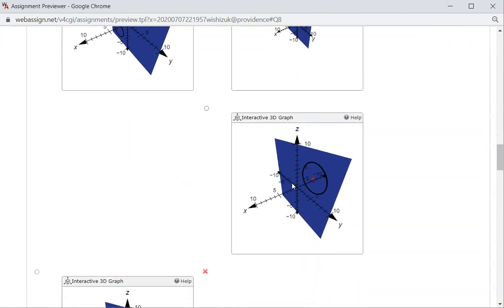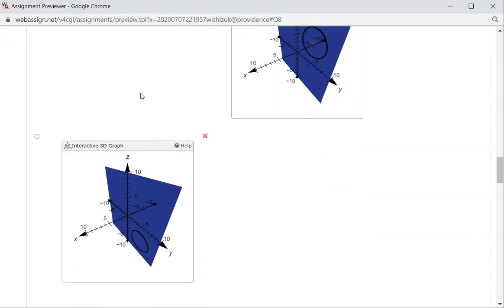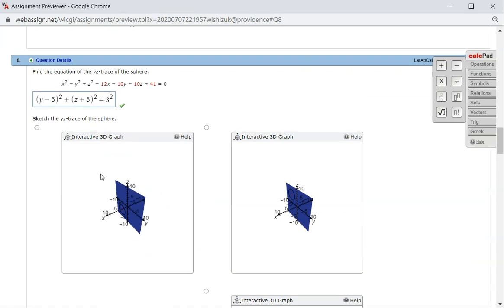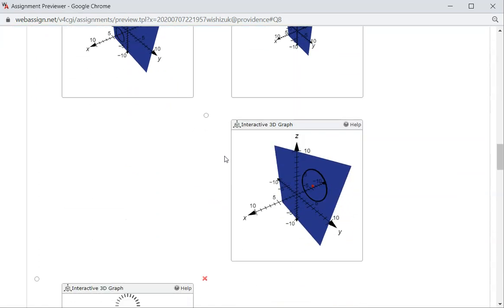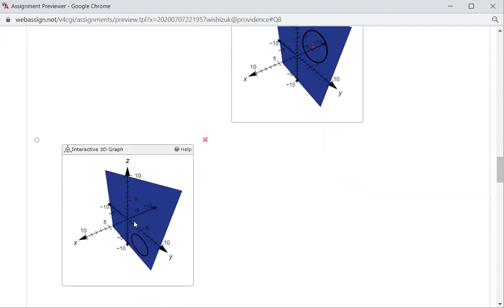The third one has a positive 5 and looks promising. Since z plus 5 means z is negative 5, the picture with a positive 5 for z is eliminated. So y is positive 5 and z is negative 5.